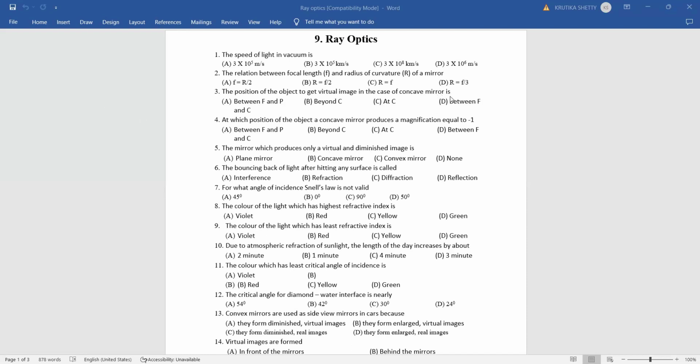So it is option A. In case of the concave mirror, for all the cases it will be a real image. Only one case is there where we will get the virtual image, that is option A, between F and P. When the object is between the focus and the pole, we will get the virtual image. That is option A, the right answer for the third question.